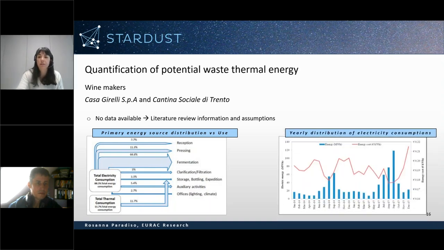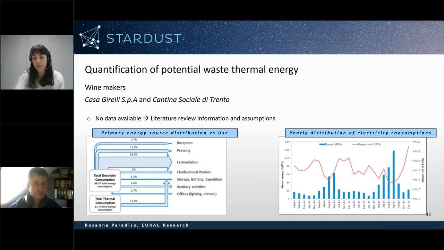Then we consider the distribution of electricity consumption during the year. And you can notice that the highest consumption is in the months from August to October, because in this period there is the grape collecting and the wine making process.